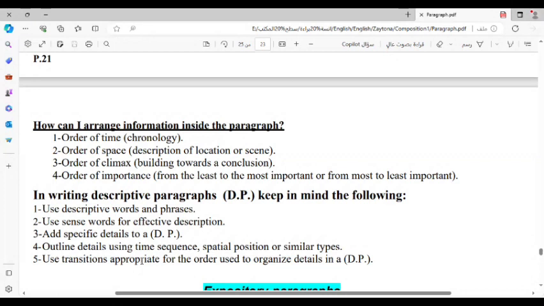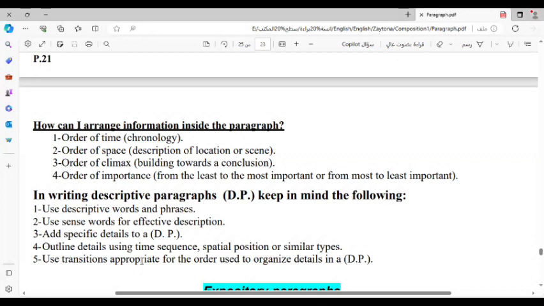For example, you are describing a person. You need to use, for example, first I'm talking about the appearance of somebody, then I will go with, for example, the internal characteristics. So I will go with first, next, second.